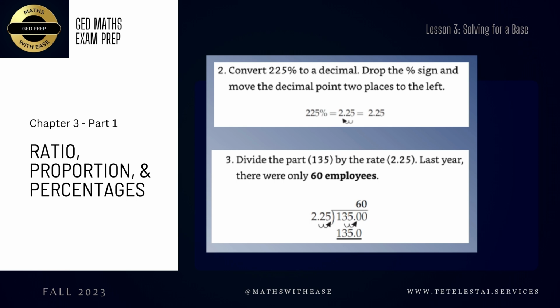Let's use a smaller number, if that will help. Let's say that you have $1, okay, and you decided that you want to give away 25 cents, and you're trying to figure out, well, how many people can I give 25 cents to, right?